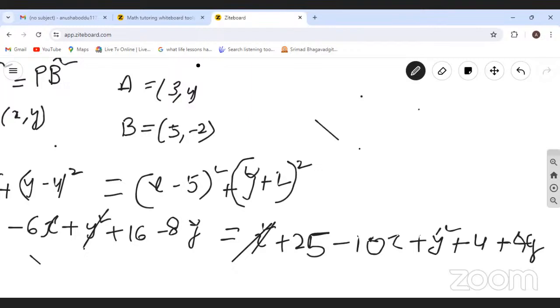So now find the area of triangle PAB, which is equals to 10 square units. Use the formula you have learned yesterday, that is area of triangle.